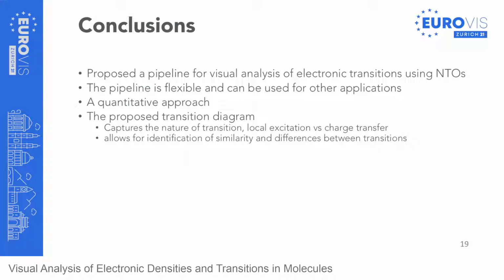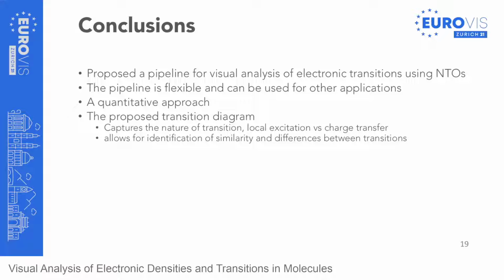To conclude, we proposed a pipeline for visual analysis of electronic transitions using natural transition orbitals. This pipeline is flexible, and each module can be replaced with an alternate approach as well. Also, this pipeline can be used for other applications, for example, analysis of crystal structures coming from the material science domain.